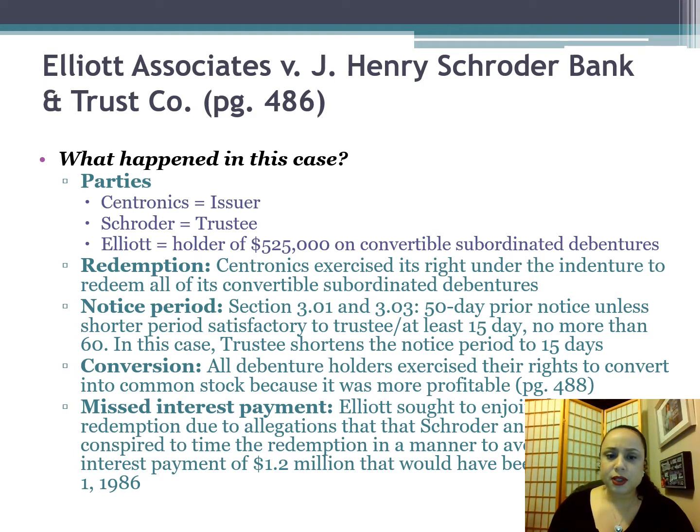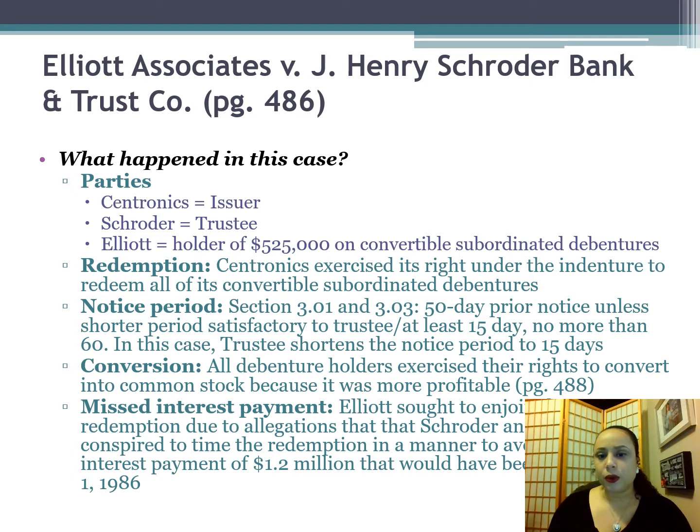So under sections 3.01 and 3.03 of the indenture, 3.01 says that there's a 50-day prior notice requirement for the issuer to redeem these debentures, unless our trustee determines in its discretion that a shorter period is satisfactory.